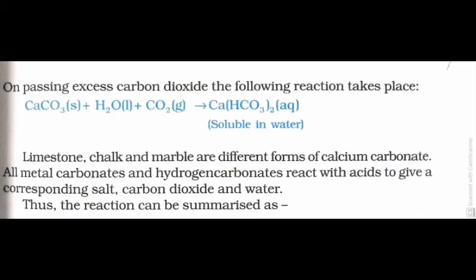The reaction for that process is CaCO3 plus H2O plus CO2 gives Ca(HCO3)2, which is soluble in water. Limestone, chalk and marble are different forms of calcium carbonate. All metal carbonates and hydrogen carbonates react with acid to give the corresponding salt, carbon dioxide and water.